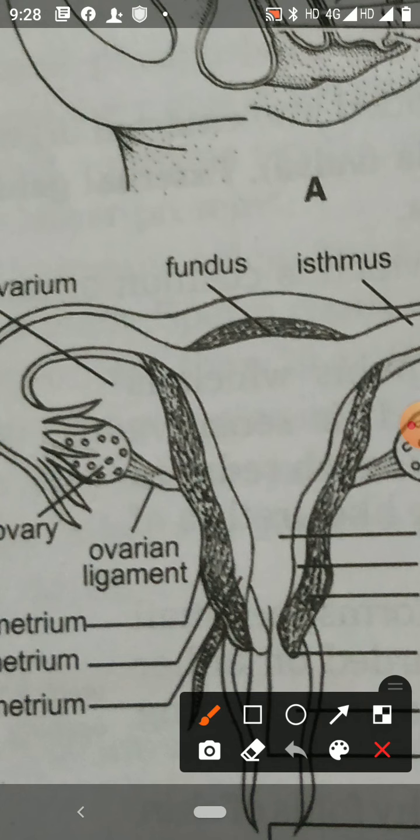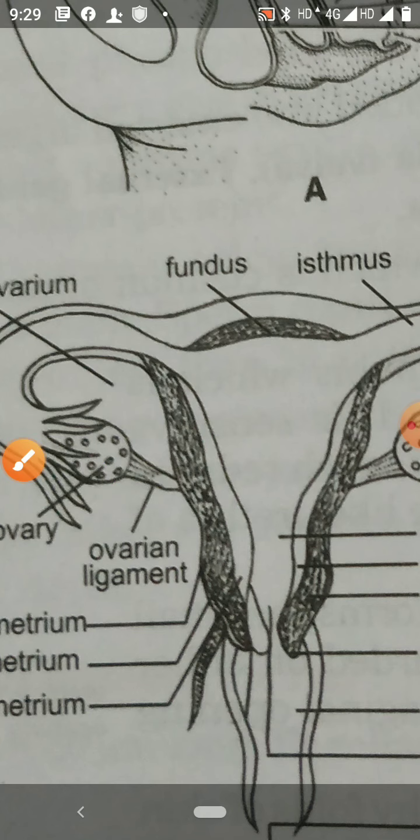One is on the left side, that is the left ovary, and the other is on the right side, that is the right ovary. When you see the internal structure of it, you will find each ovary consists of an outer cortex and inner medulla.